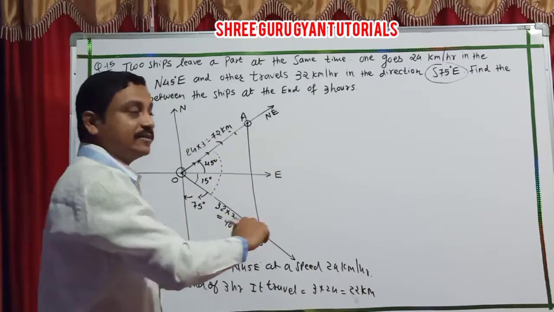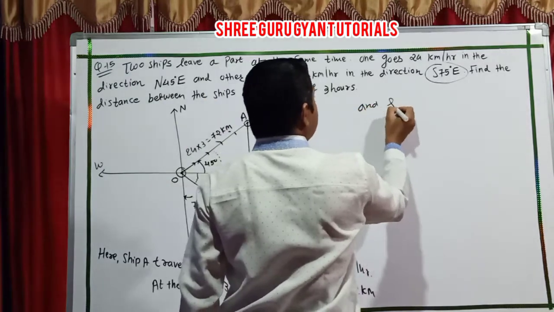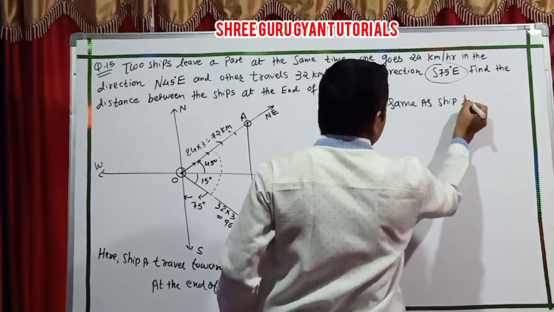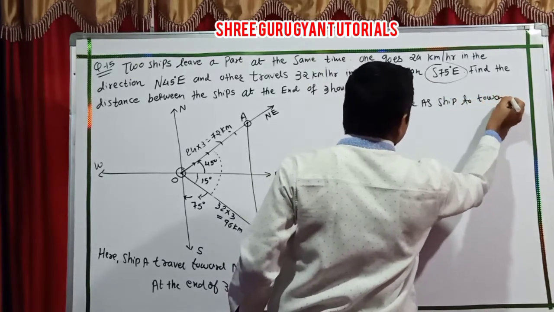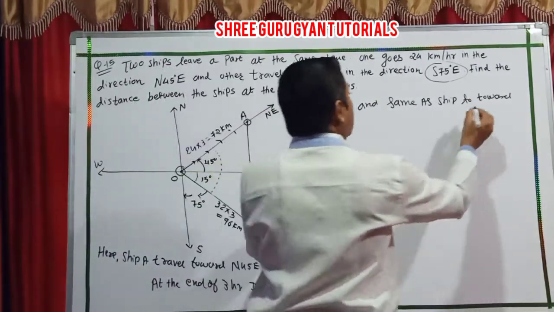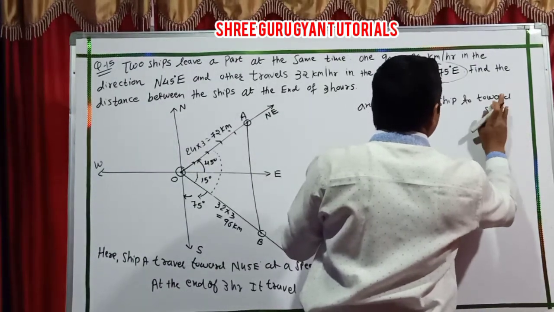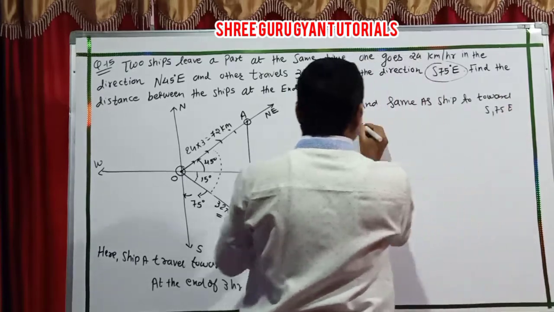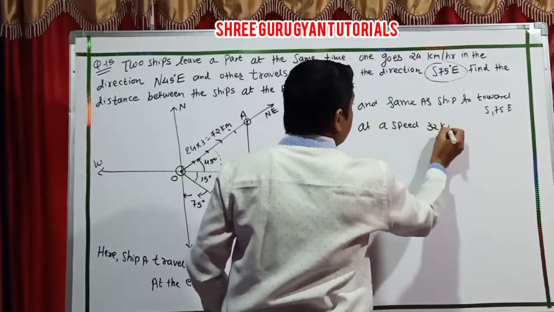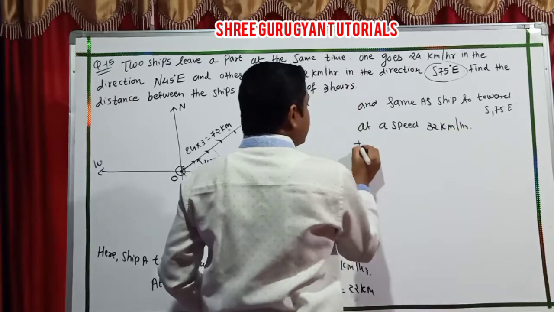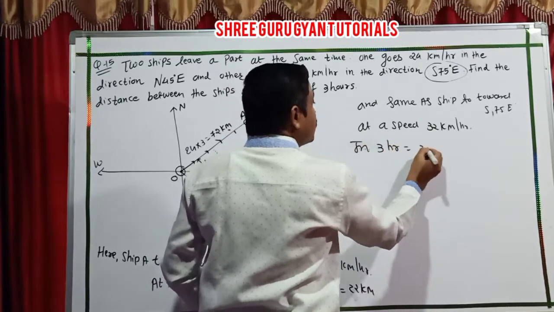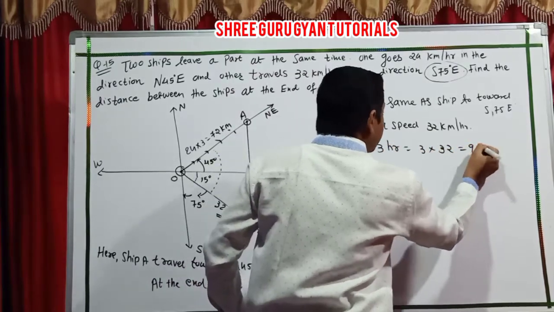And same as ship B, towards which side is it going? Our direction is south 75 degree to east at a speed of 32 km per hour. So it travels in 3 hours, 3 into 32, which is 96 km.